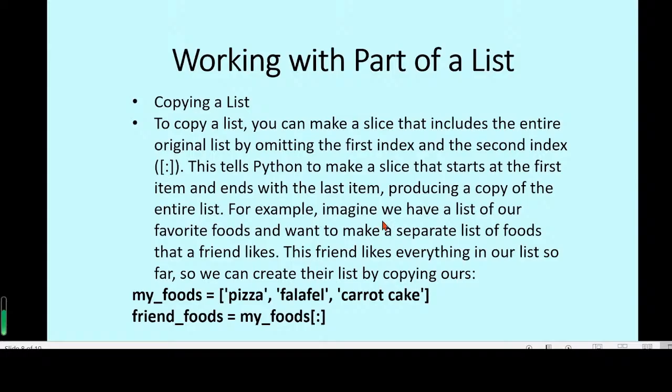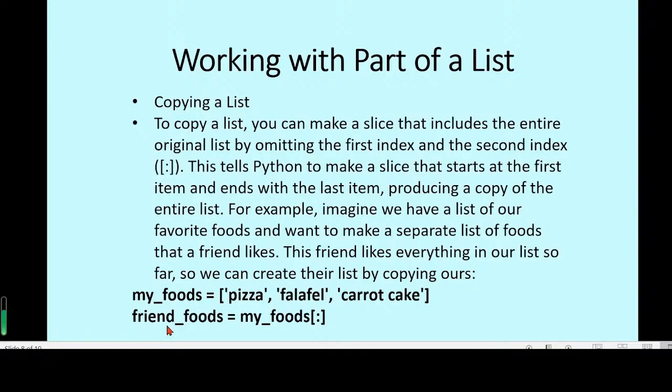For example, imagine we have a list of our favorite foods and want to make a separate list of foods that a friend likes. This friend likes everything in our list so far, so we can create the list by copying ours. So this is my foods list: pizza, falafel, carrot cake.